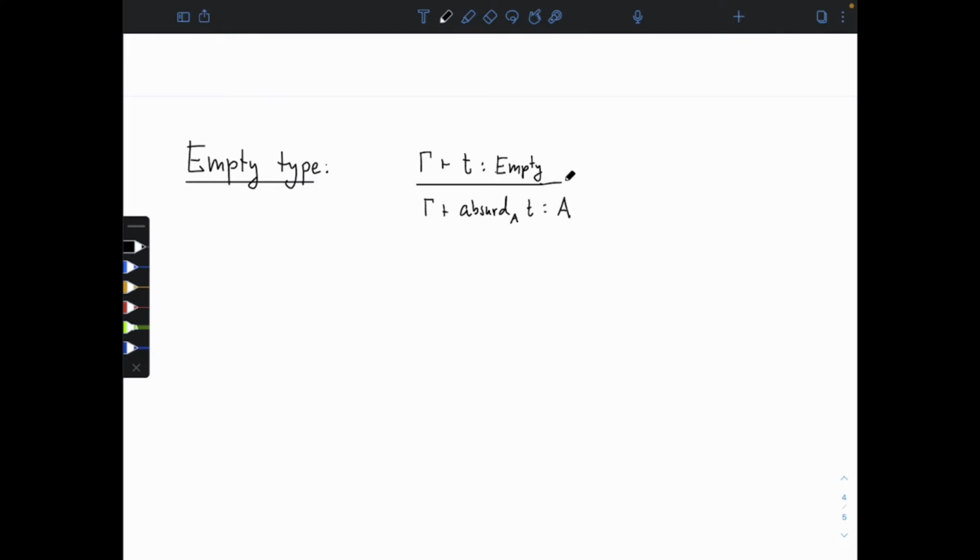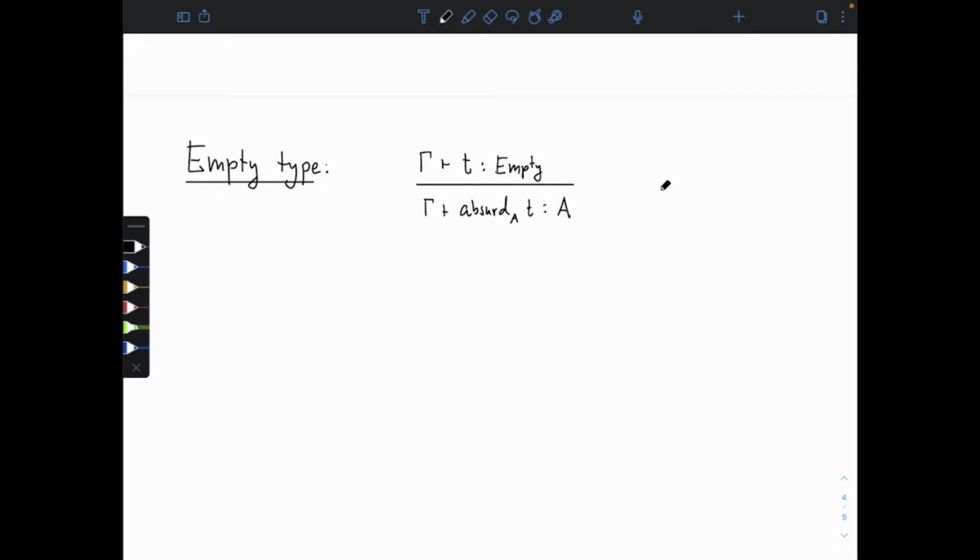You get a special element called absurd that gives you something of type A. This says, right, empty is the most difficult type to inhabit. Once you inhabit empty, you inhabit everything else. Okay, that's the only rule we have because we just have absurd.